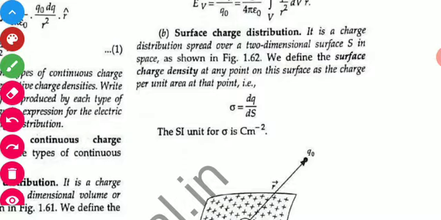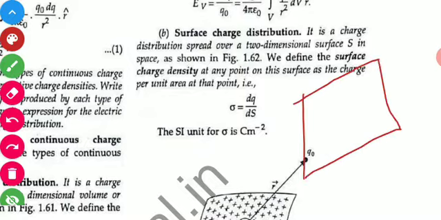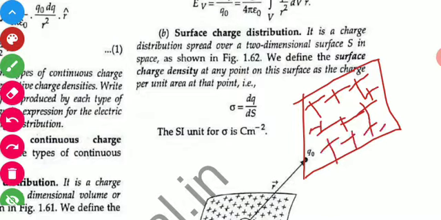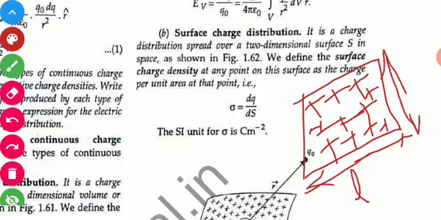Suppose a sheet, a charge is distributed all over the sheet. As we know that we can neglect the thickness of the sheet when it is a very thin sheet, so we can neglect the third dimension. We can only consider the length and the breadth.